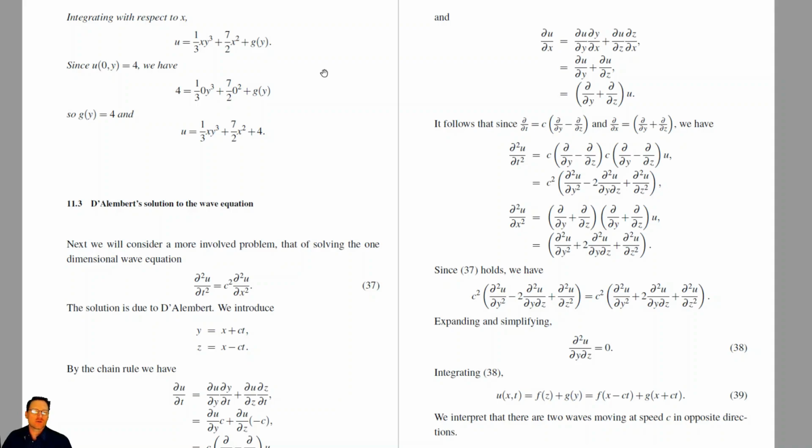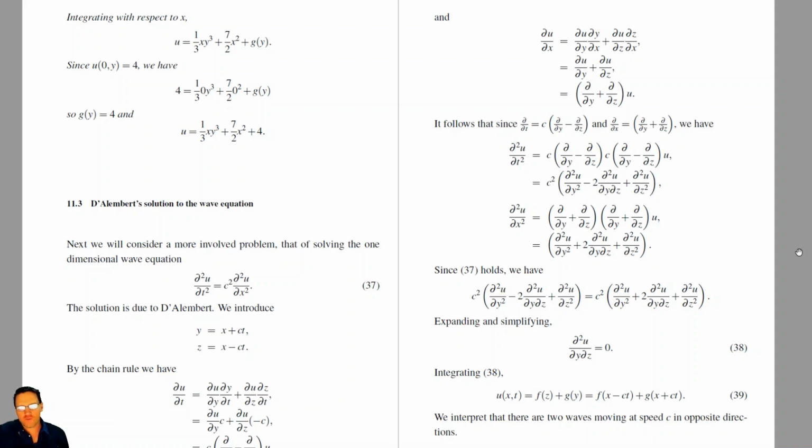So 4 is equal to 0 plus 0 plus g of y. So g of y has to be equal to 4, and so we have our solution to that partial differential equation.